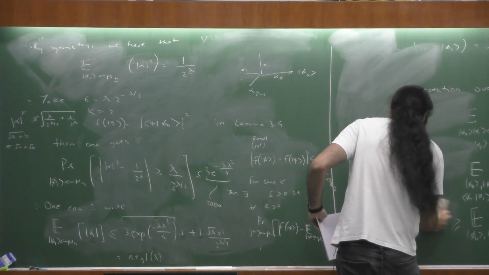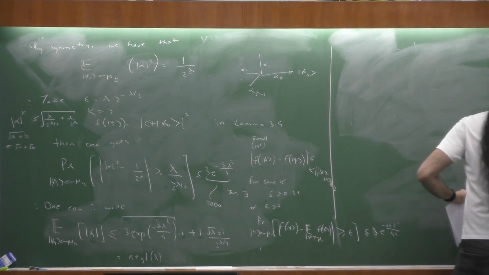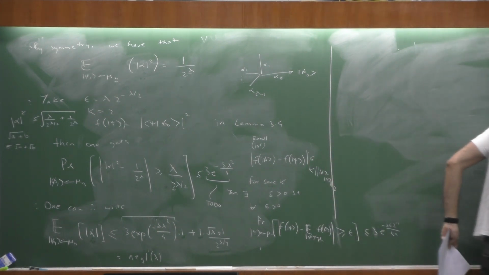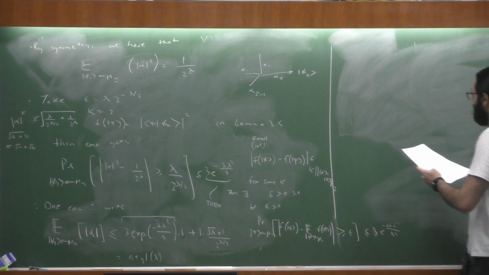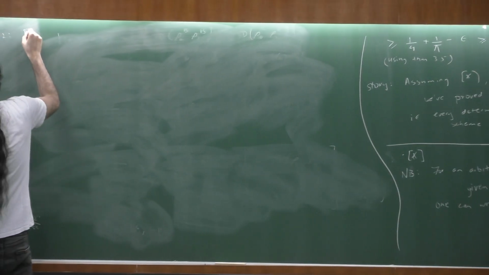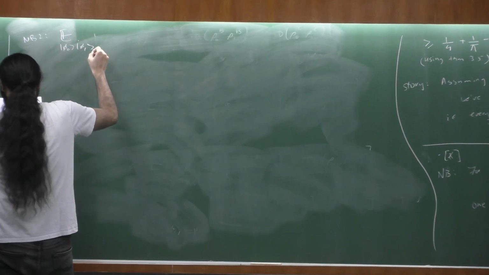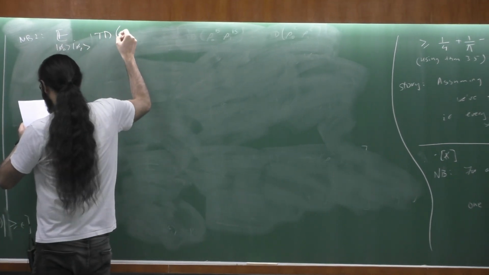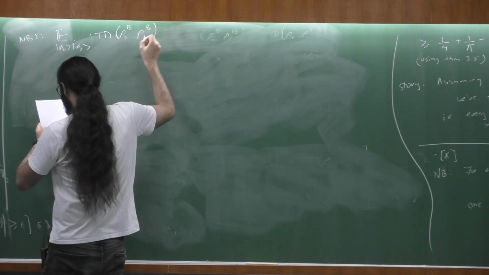And now we'll do the last little step and then we're done. Okay, and the second note is that the expectation over phi 0 and phi 1 of the trace distance between rho 0b and rho 1b. Okay, so let's compute this.